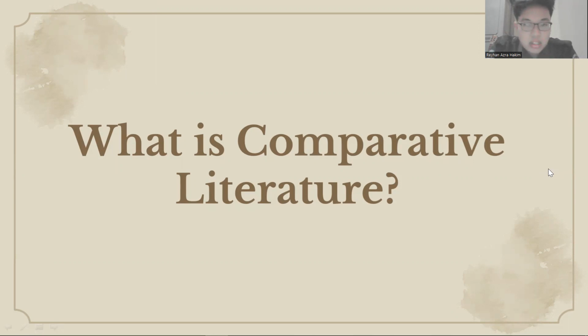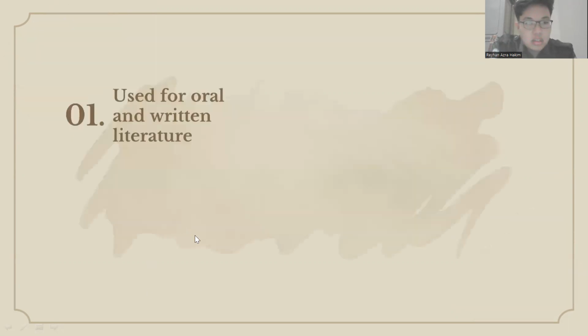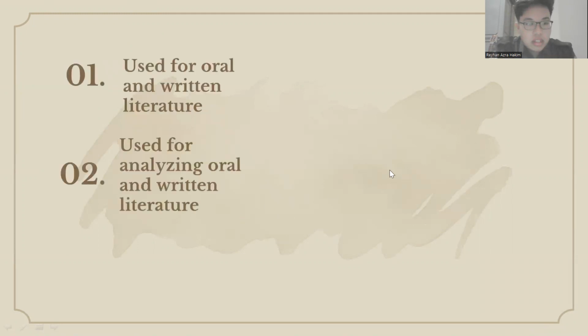The first term is that comparative literature is used for the study of oral and written literature, especially the theme of folklore and its spreading, migration, as well as how and when folklore goes into more artistic literary writing.